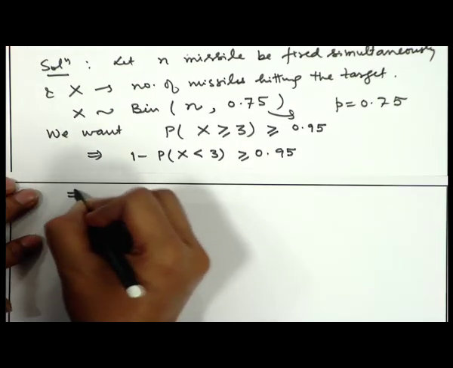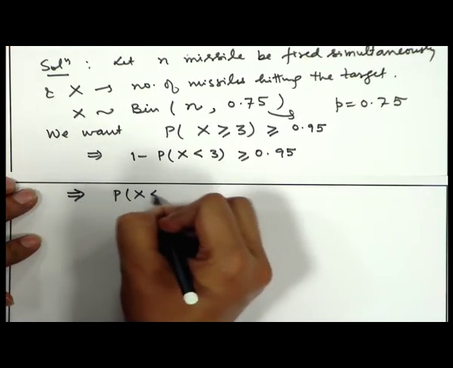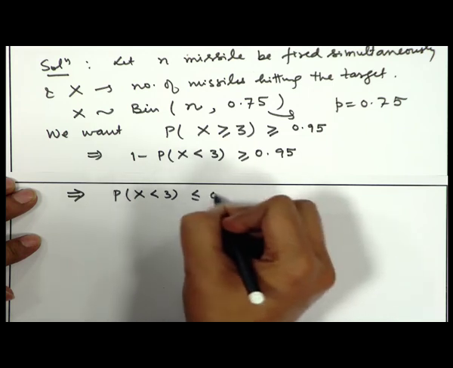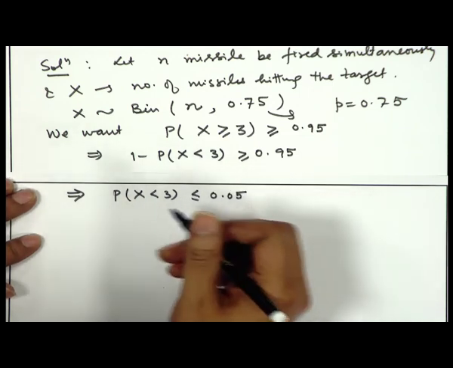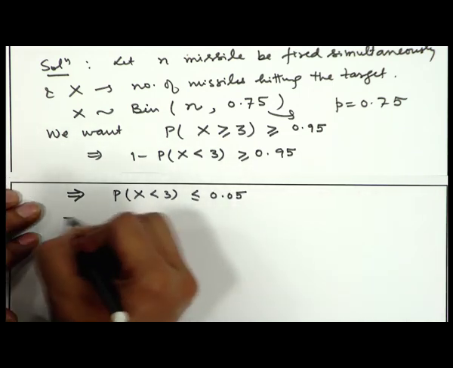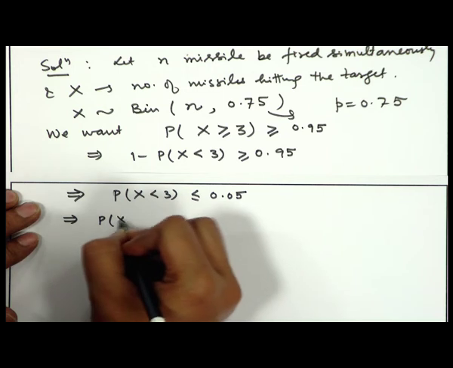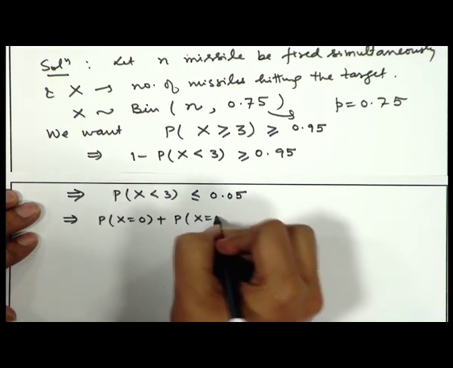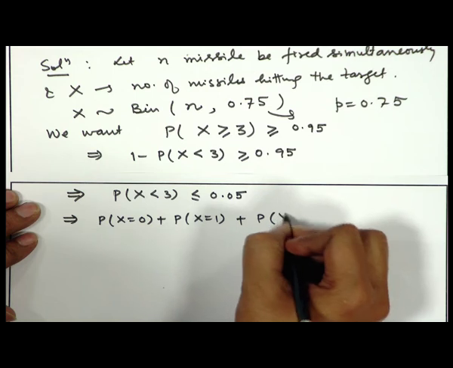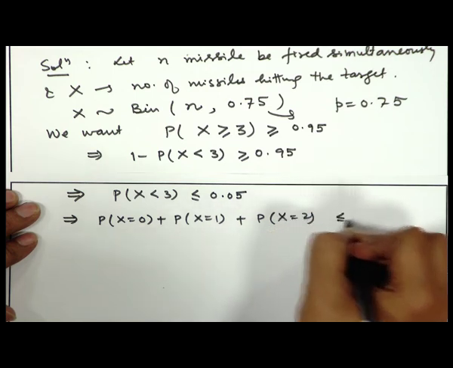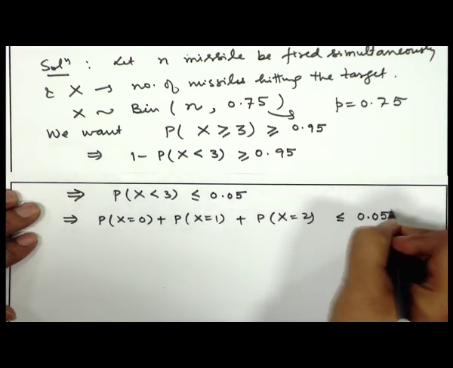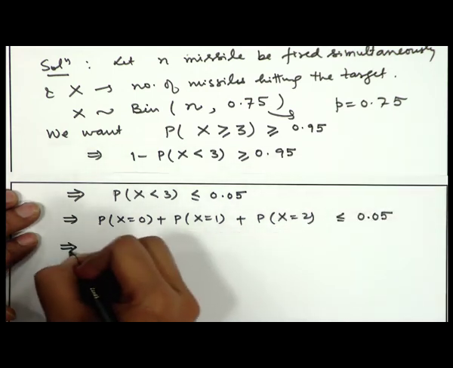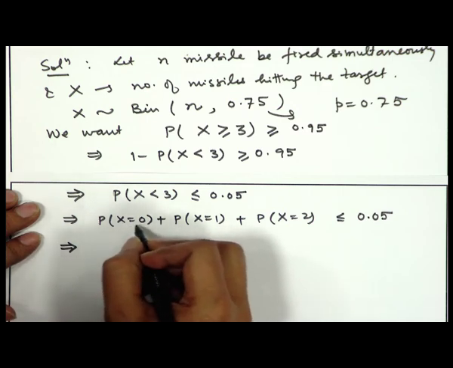So, this is equivalent to probability x less than 3 less than or equal to 0.05. So, that is probability x equal to 0 plus probability x equal to 1 plus probability x equal to 2 less than or equal to 0.05.